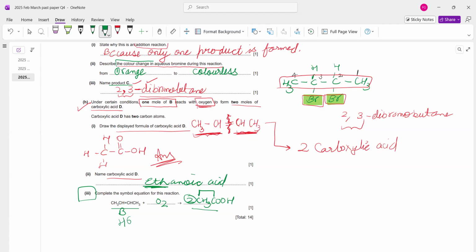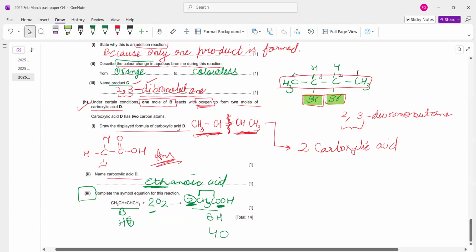And here, how many hydrogens are there on the right side? It's 8 hydrogens on the right side. I think, yeah, here also it's 8 hydrogens. So we are just supposed to balance oxygen that's left. It's going to be 2 here because we have 2 times 2, that's 4 oxygen on the right. So to make 4 on the left, we are going to put a 2 here.